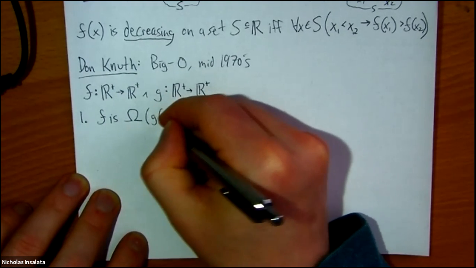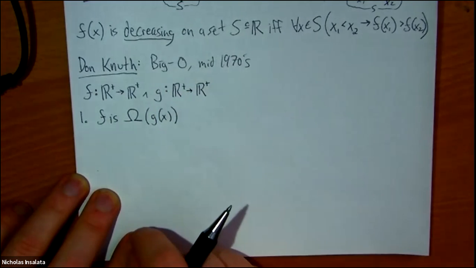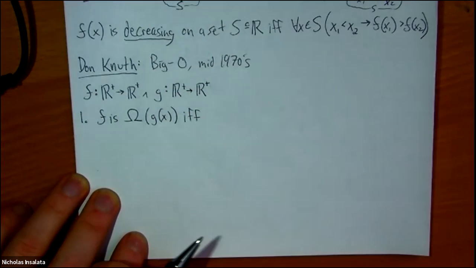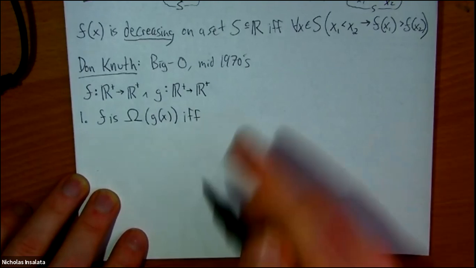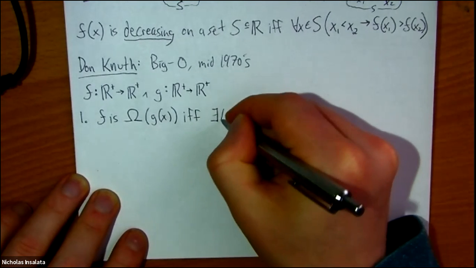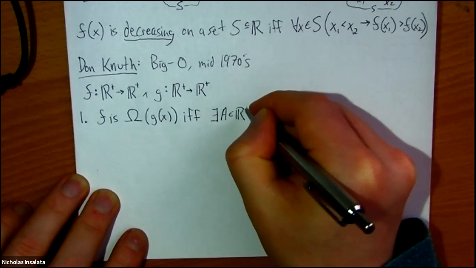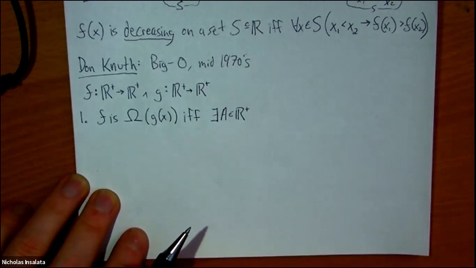Yeah, we'll say g of x, that's fine. If and only if there exists a positive real number a, there exists a in the reals, and a little a in the reals.